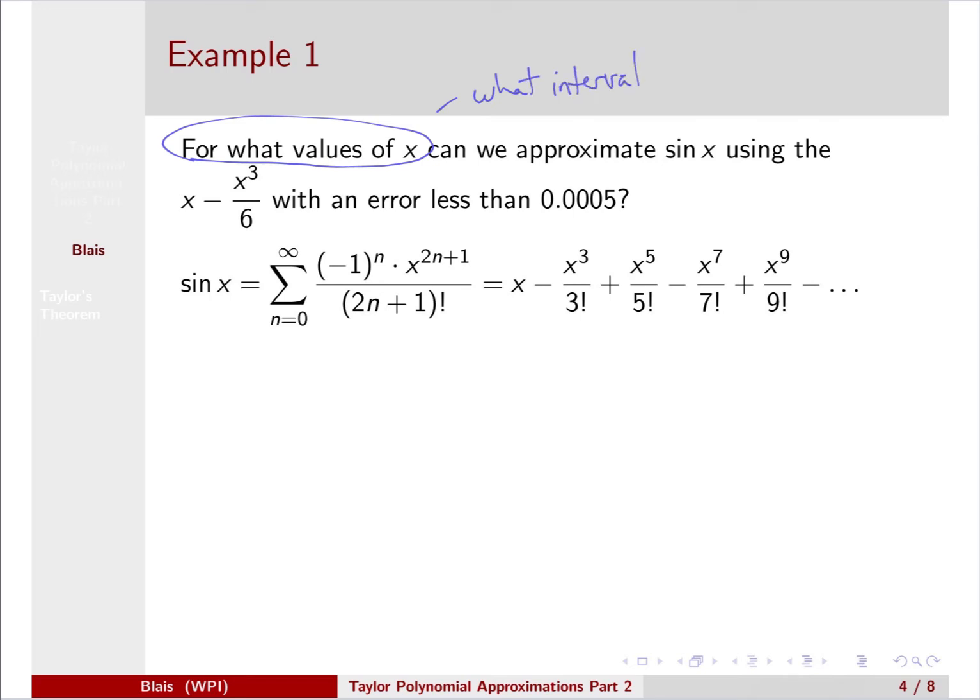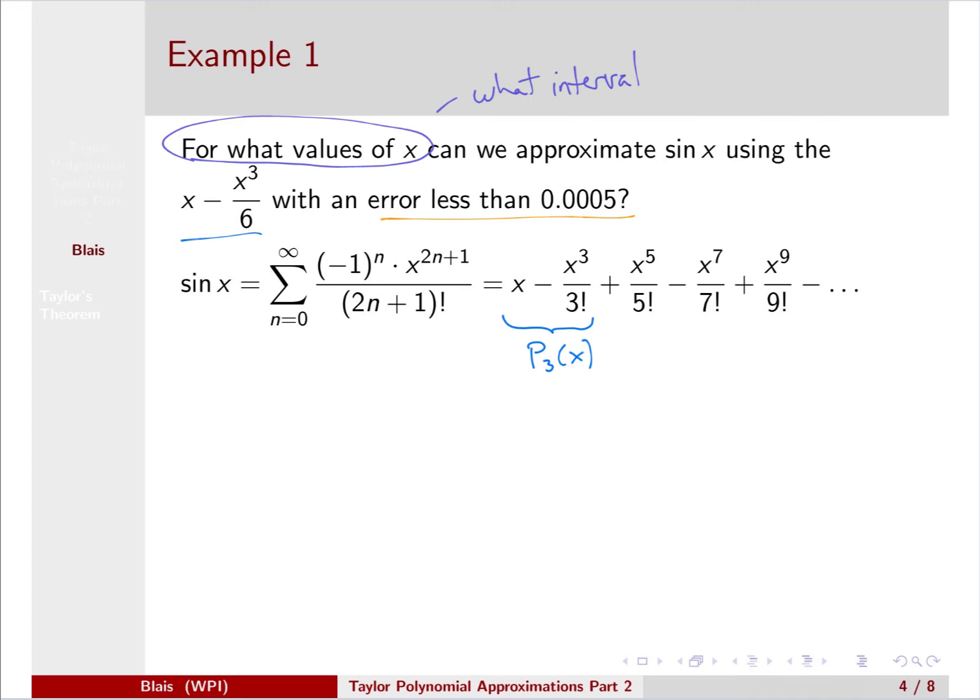So in this case, we're given the error tolerance, we're given the approximation, and we have to find what interval is fair game for our values for x in this setting. And we note that this approximation is what we would call P3 of x, the third degree Maclaurin polynomial for sine of x.